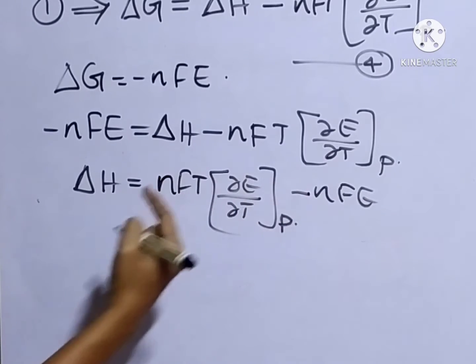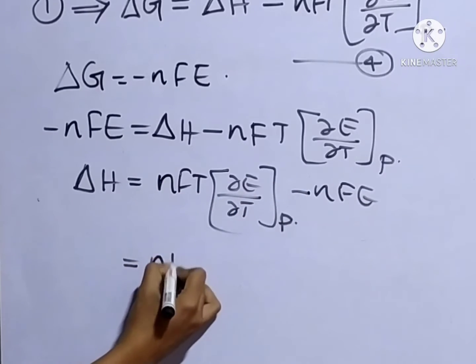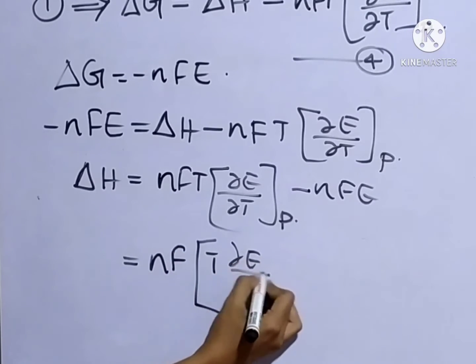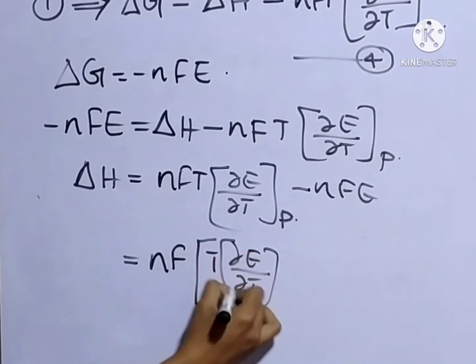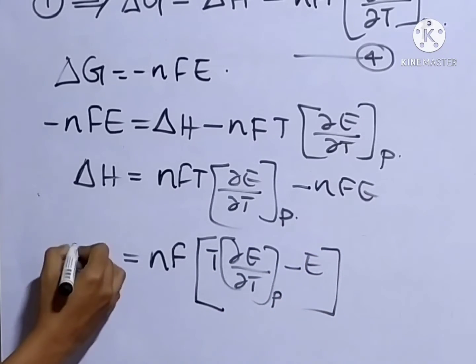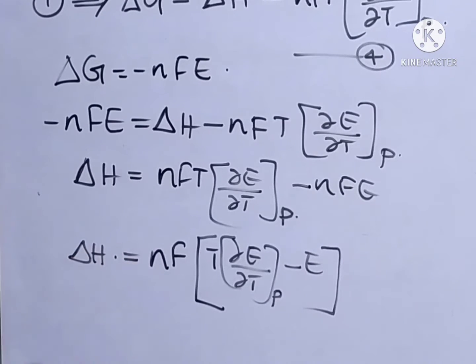Taking the constant term out, I get NF times T dou E divided by dou T at constant pressure minus E. So this is delta H.